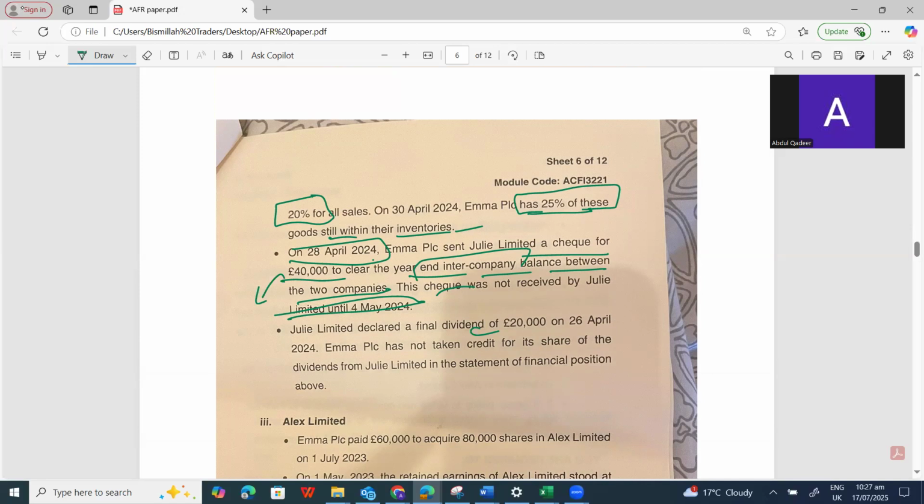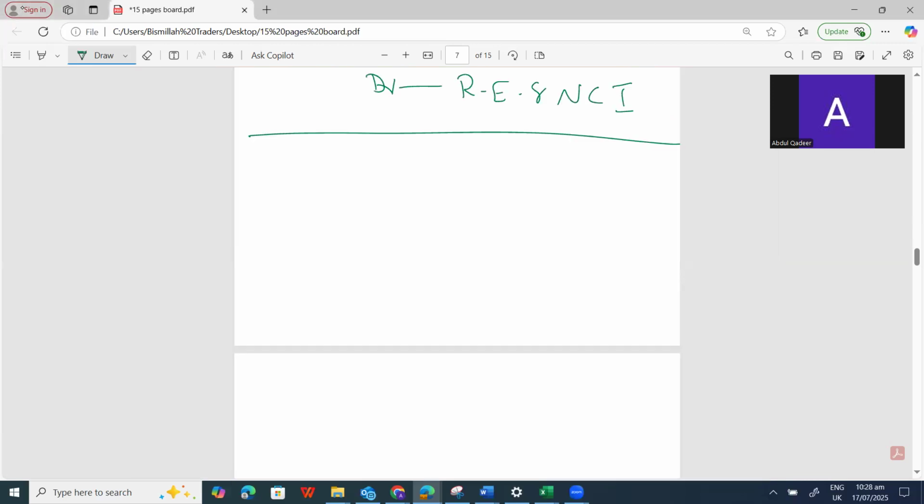So we need to remove this transaction altogether, by reducing the receivables by 40,000 and reducing the payables by 40,000. Intra-group transaction.